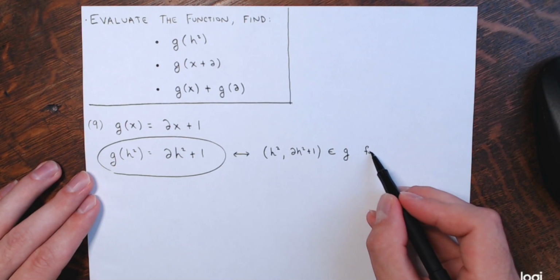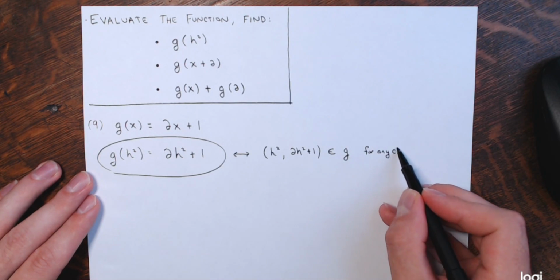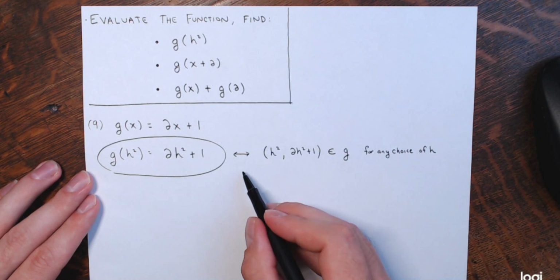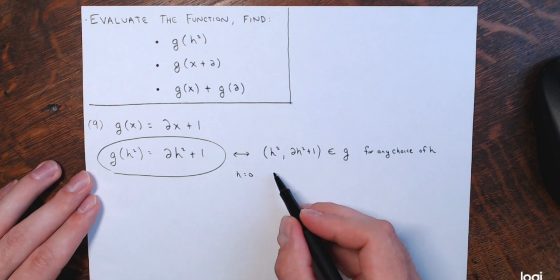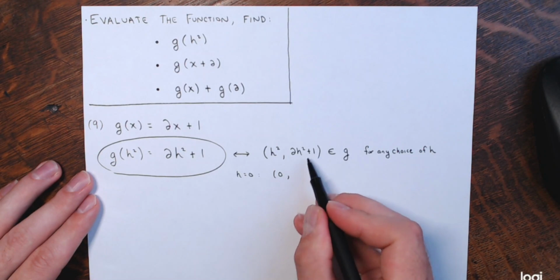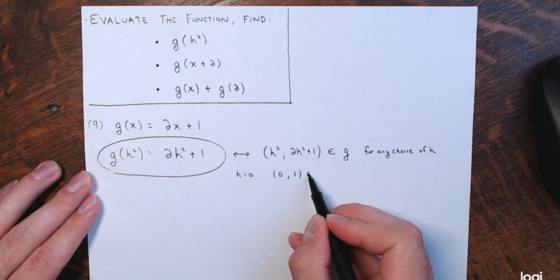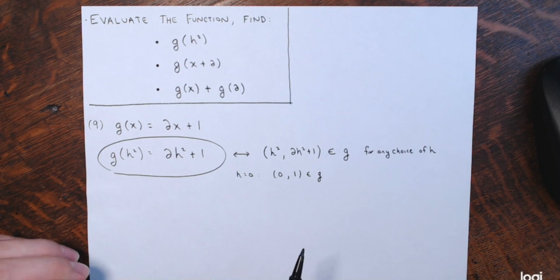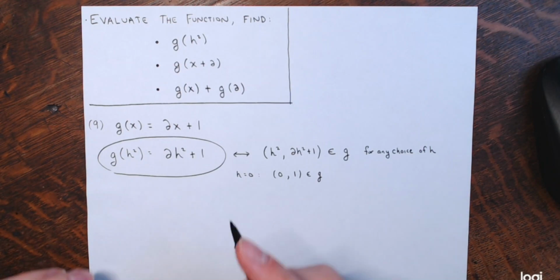And this is for any choice of h. So for example, if h were 0, you'd have 0 here, 0 squared, and then 1 here. There's an ordered pair in g, 0 comma 1. g of 0 would be 1.